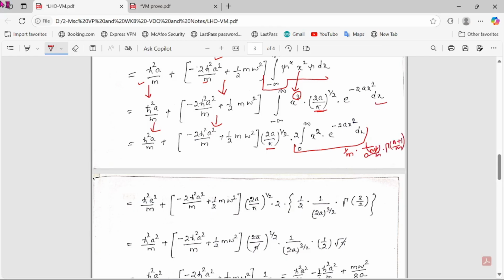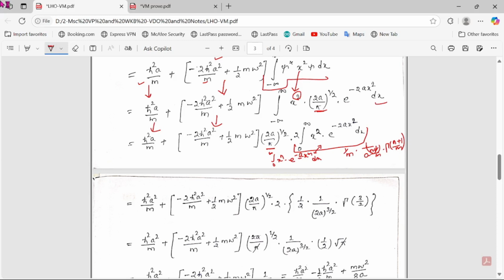Okay, so here m is nothing but, see in general how we have to write: 0 to infinity x to the power n into e to the minus a x to the power m dx, right? So if I compare with these two integrals, here a value is nothing but 2a, m value is nothing but 2, n value is 2.